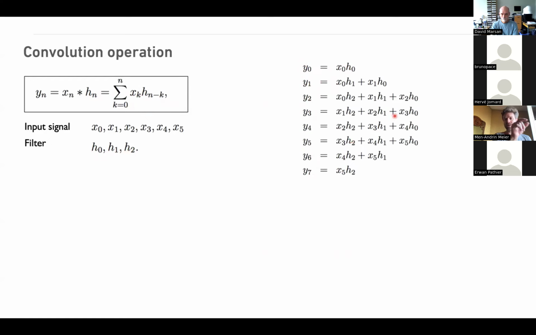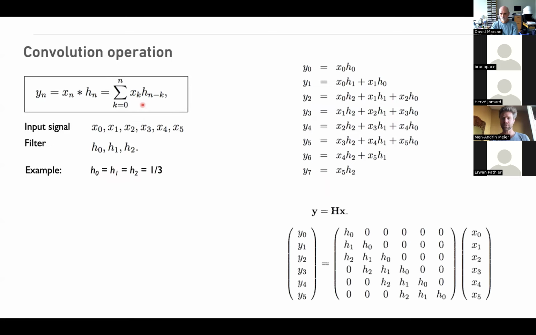This is basically a sliding operator that we slide over this input vector. For example, if all the h vector components were 1/3, then this would just be a moving average. At every point, we would compute the average of 3 consecutive samples and then move on. So this would be a moving average filter.